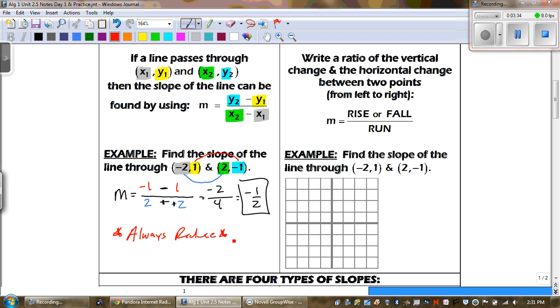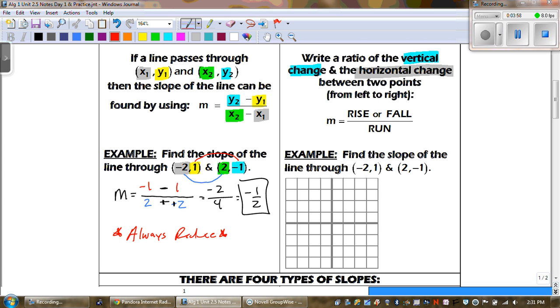Very important. Now, another way you can do it is you can write a ratio of the vertical change and the horizontal change between 2 points. And you'll hear us say this a lot, rise or fall over run.